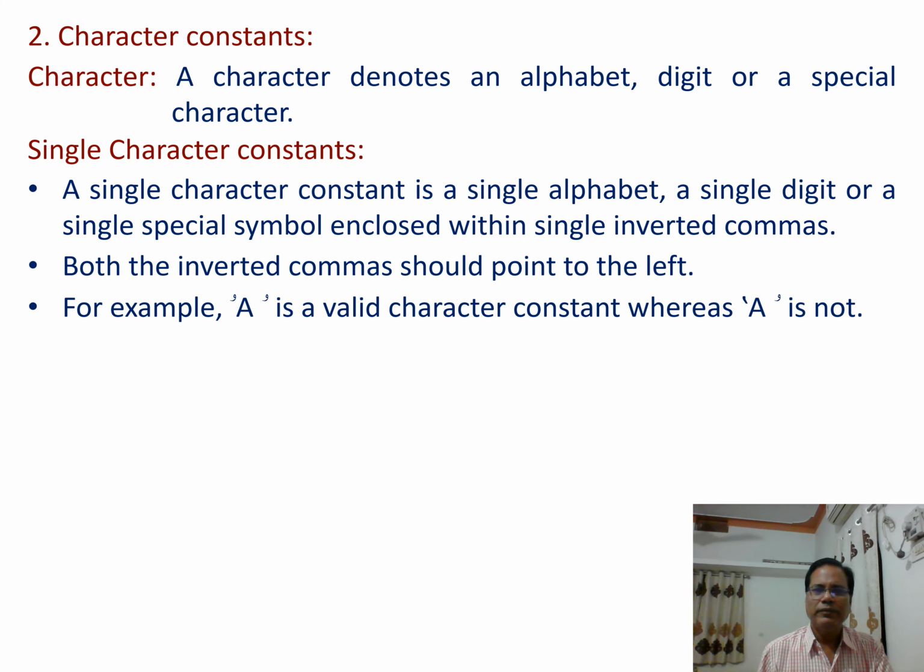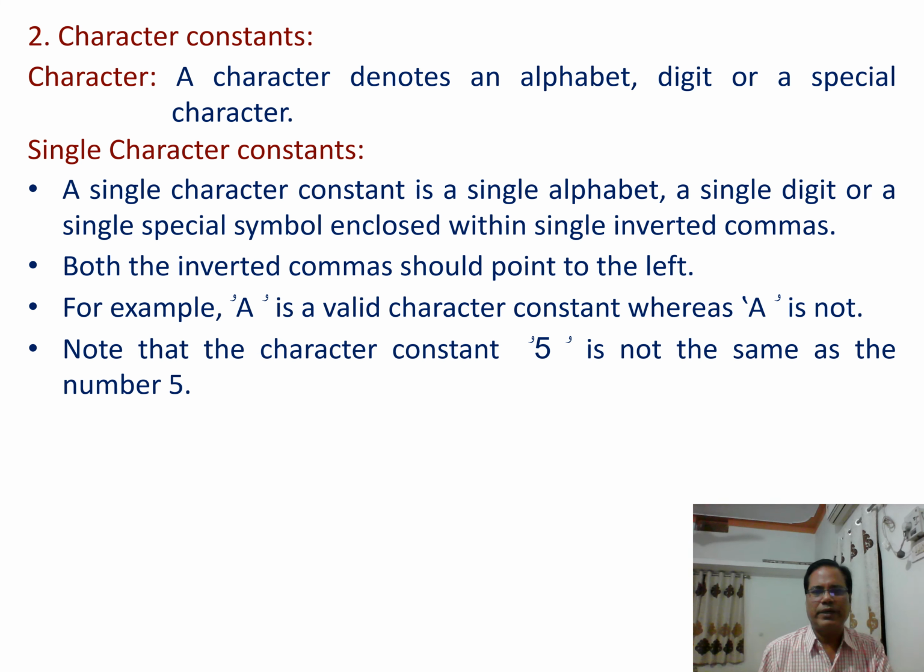For example, 'A' included in single quotation marks is a valid character constant, whereas the second form of A is not, because the inverted commas point towards each other. So it is not a valid character constant, whereas the first 'A', included in single quotation marks pointing to the left, is a valid character constant.